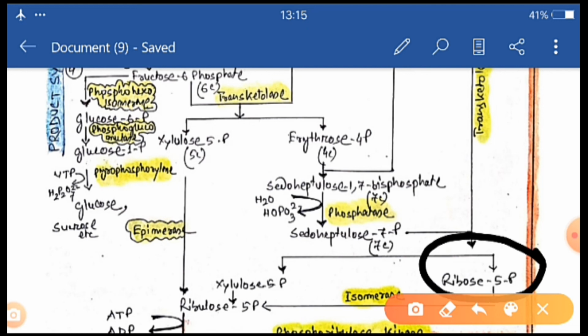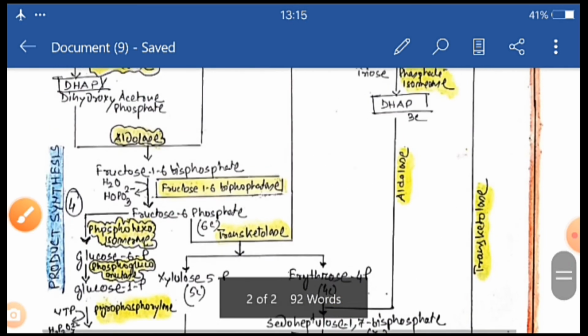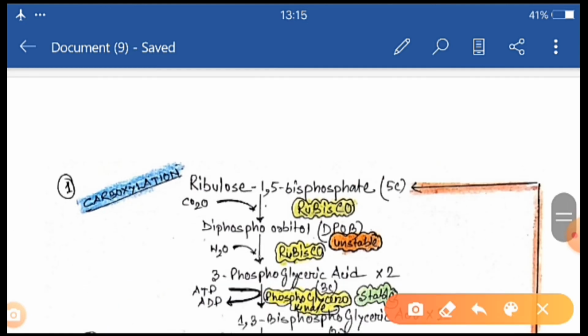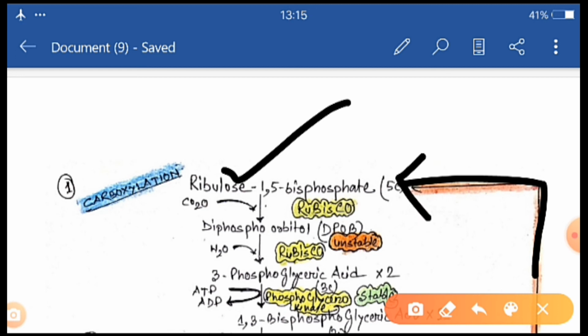So the remaining 5-carbon ribose 5-phosphate will be isomerized to ribulose 5-phosphate, and at the last this ribulose 5-phosphate will be converted into RuBP. Okay, so we have started from here, again we return back at this point, that is there is no displacement, in the term of physics.